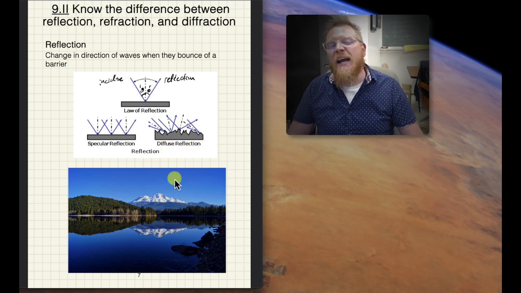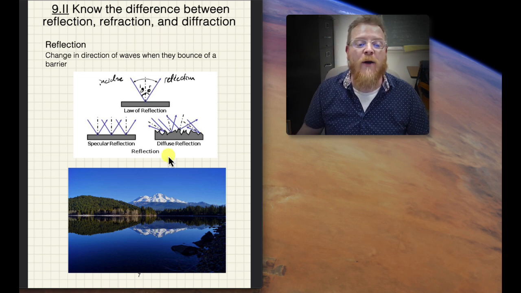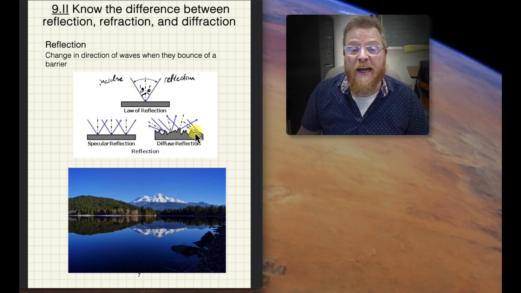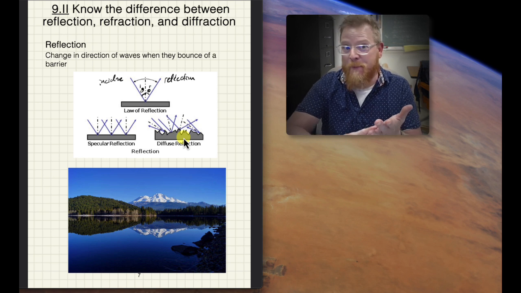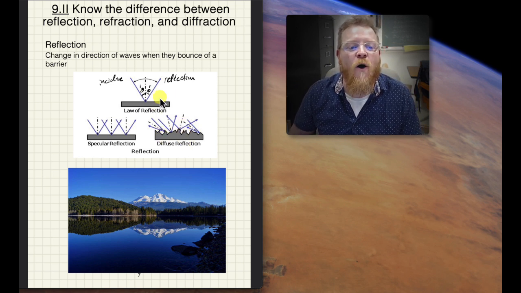Or maybe not even in this case of seeing a mountain reflected in a lake, but perhaps some roughed surface. If you take sandpaper to a mirror, for example, you still have all of these various laws of reflection. If I point out this little feature, we still have the angle of incidence matching the angle of reflection, but that has to be normal to the surface that it strikes.